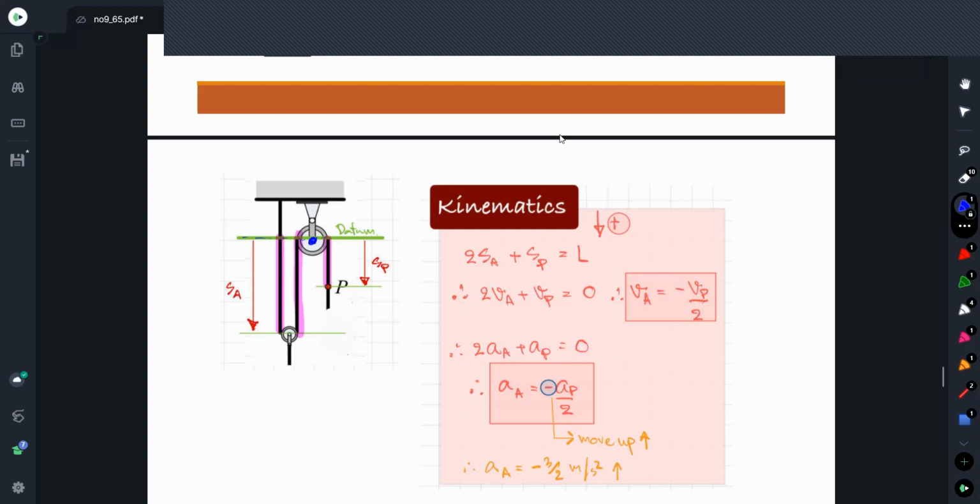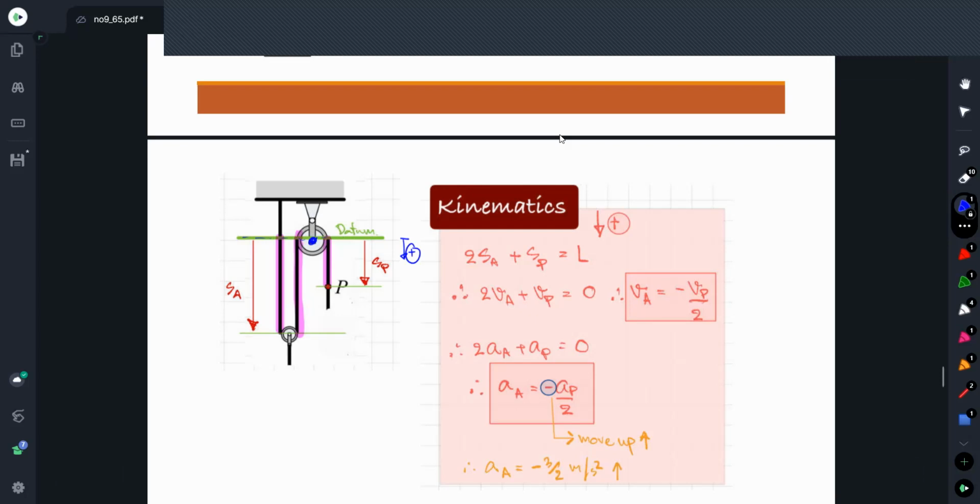When we measure from the datum, point P is measured downward, and point A is also measured downward. So for this case, downward is positive.